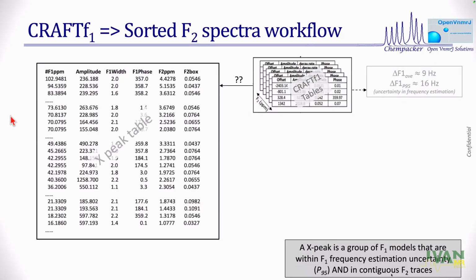And it also has to be in contiguous F2 traces, all our multiplets. I'm exploiting the first step in this entire workflow, which is a Fourier transform along F2 to generate the interferogram, which includes an apodization. That gives me the overlapping region that I'm going to exploit. It has to be in contiguous F2 traces.